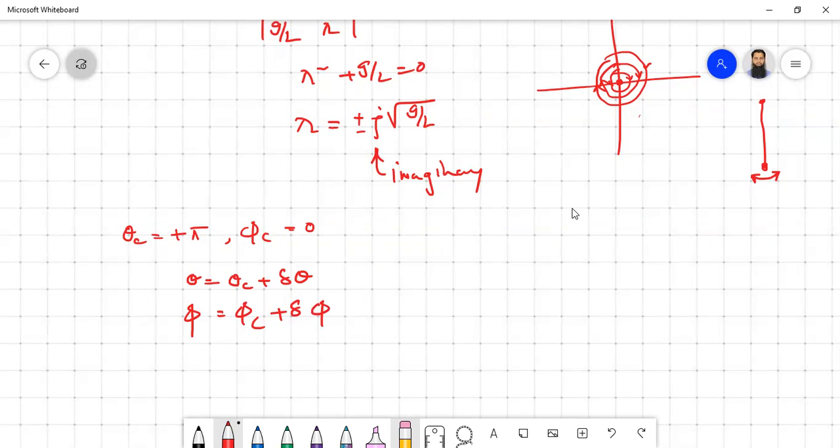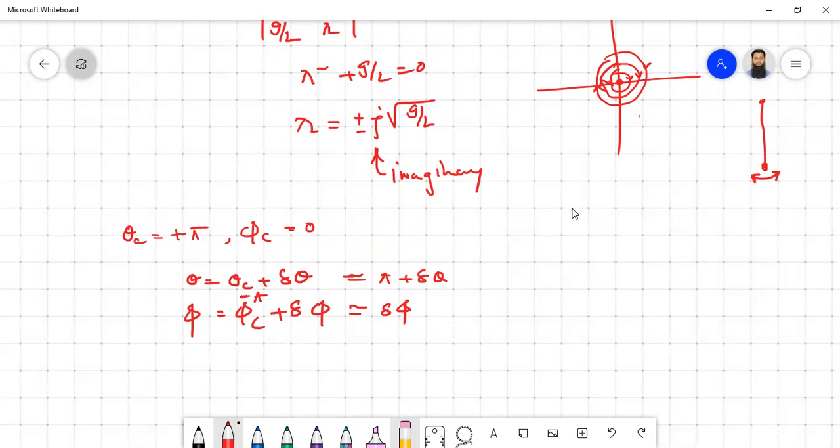Previously both of them were 0, but this time theta has some value, pi. So approximately it is pi plus del theta, and this will be del phi again.